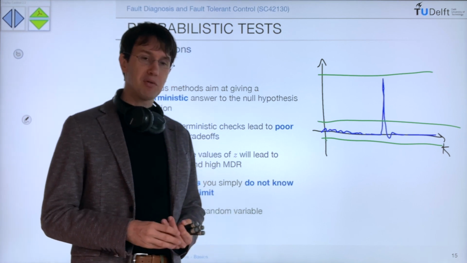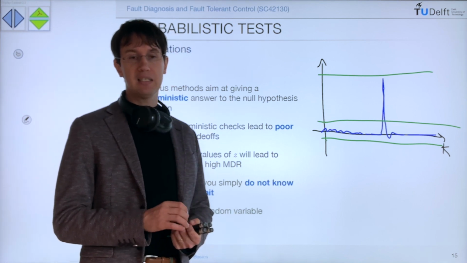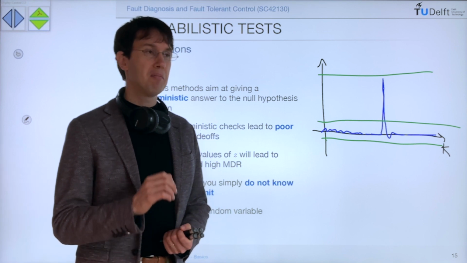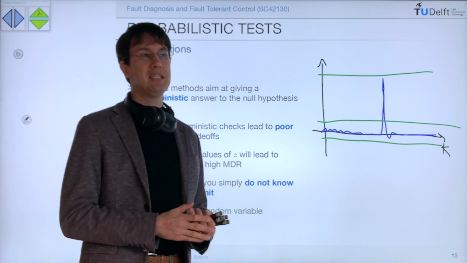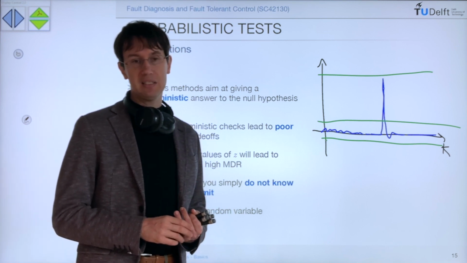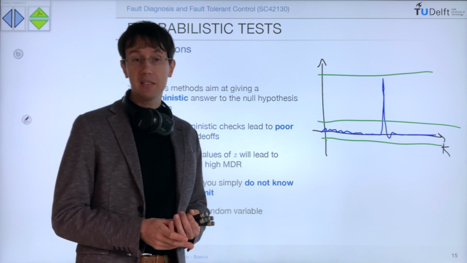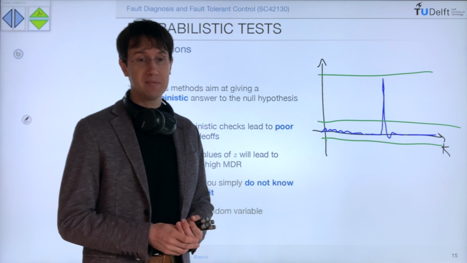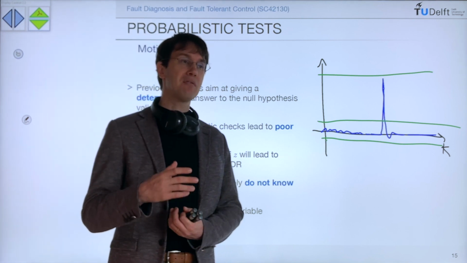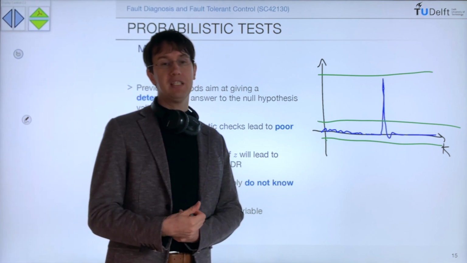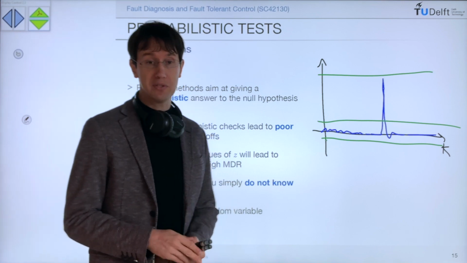As you can imagine, probabilistic tests are not looking at single values, but are looking at statistical quantities, statistical ways of describing your signal in terms of the mean, the variance, or other moments. And this allows them to cope effectively with random variables.